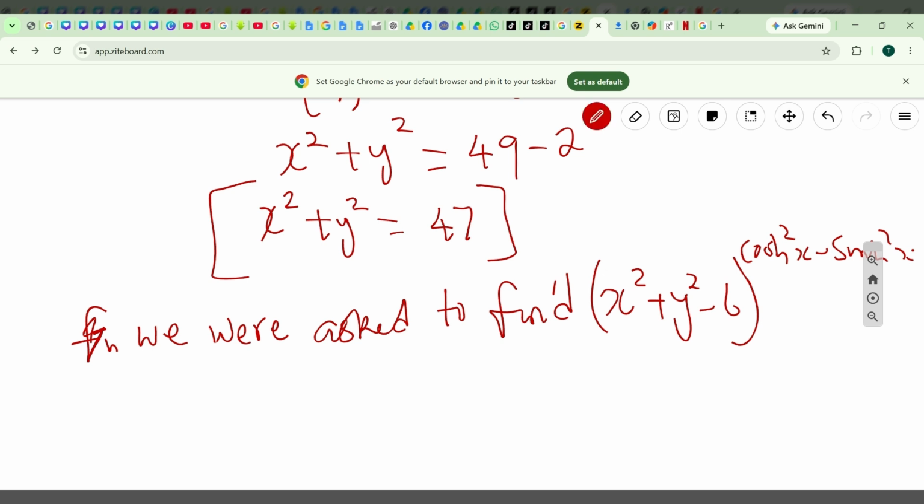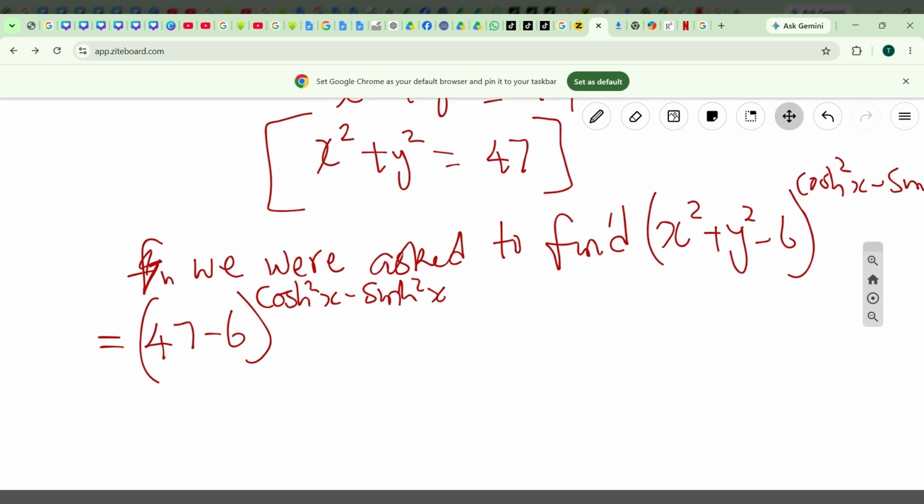So we just substitute x squared plus y squared, which we already know is 47. So this is 47 minus 6 to the power of cos squared x minus sine squared x. And 47 minus 6 is 41, to the power of cos squared x minus sine squared x.